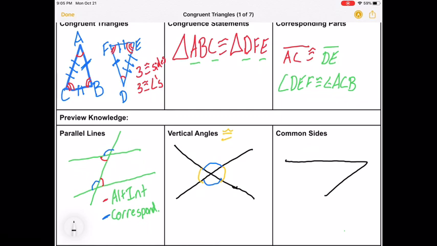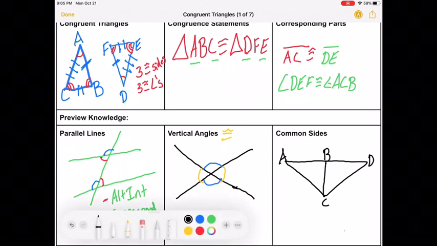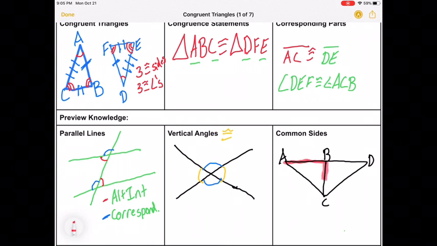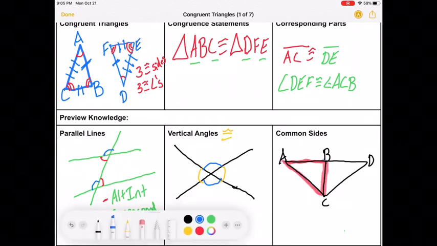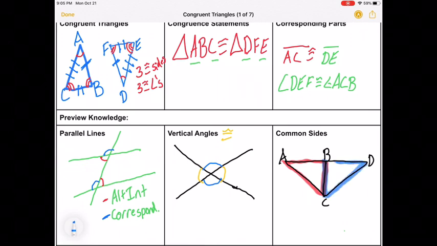So if you had a triangle like this, so let's say this is A, B, C, and D. So let's say triangle ABC here, and then triangle BCD, you should notice that both of them have BC in it.